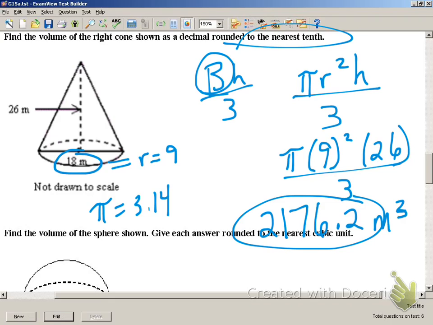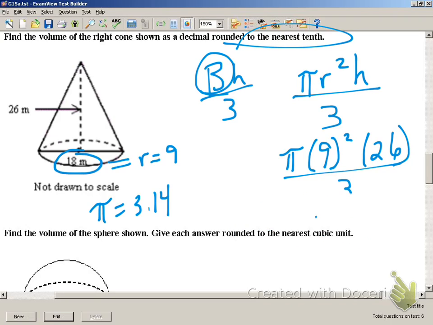I'm sorry, I can't plug some stuff in. I need to make a correction on my math. And I need to make a bigger eraser. So 3.14 times 9 squared times 26 divided by 3 is 2204.28.